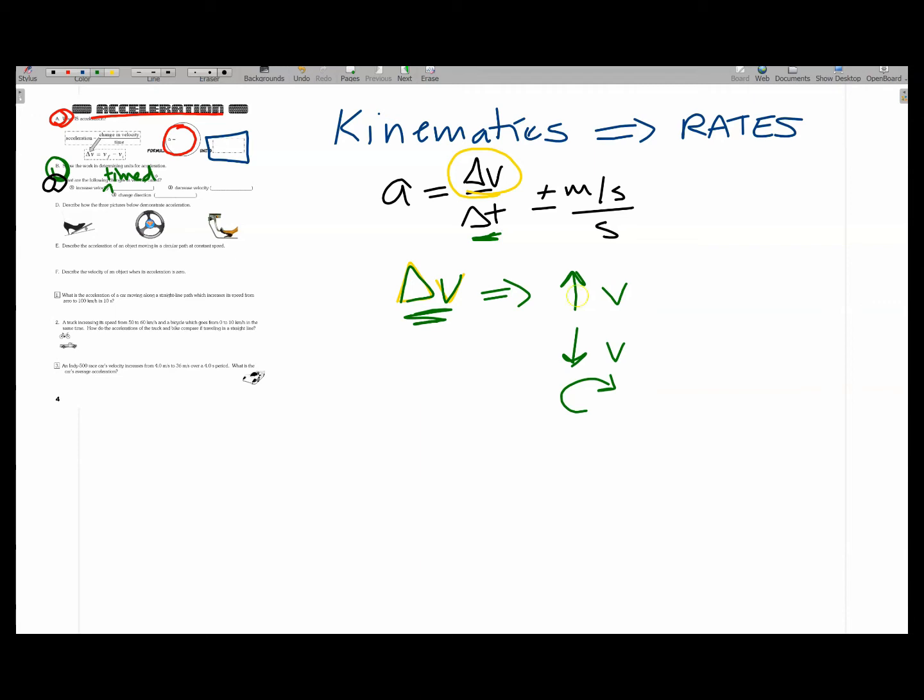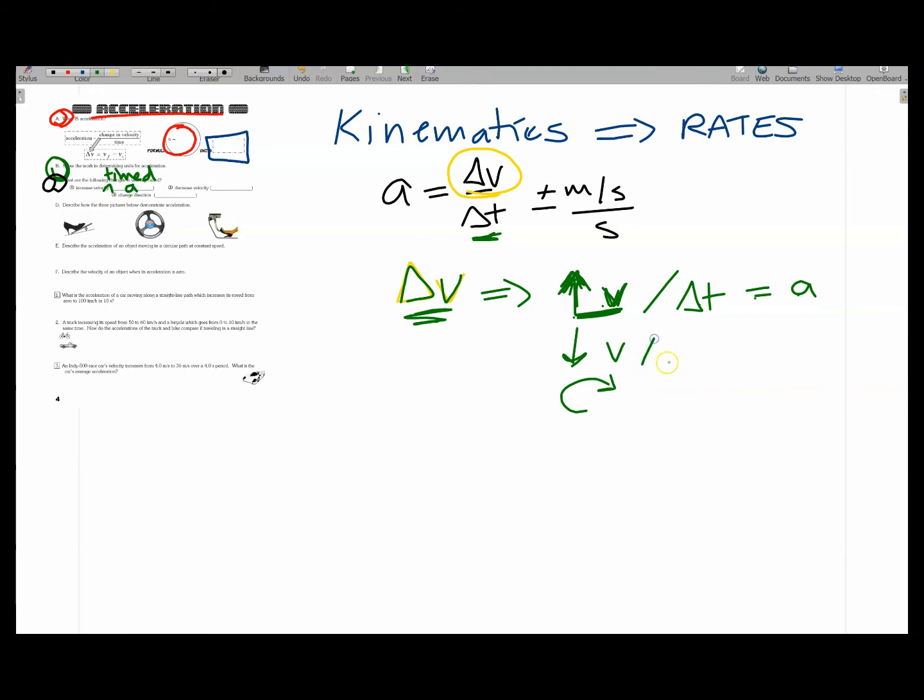So if I were to take my going faster and time how long I increased my velocity, that's an acceleration. Acceleration is the rate at which I change my velocity. So an increase in velocity, that's known as acceleration.